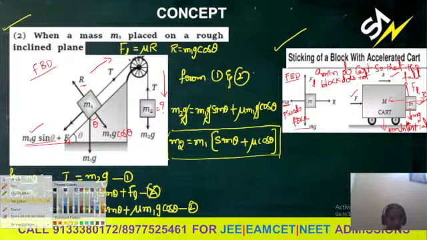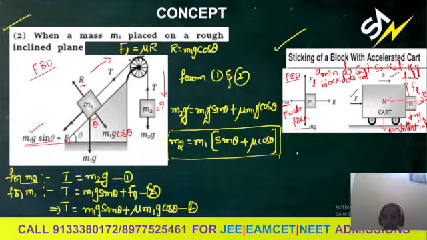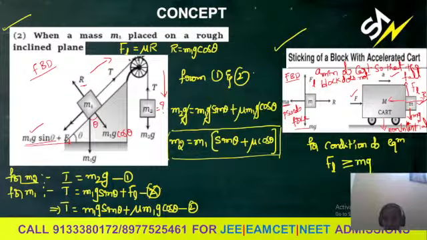Students, what can you think here? We must take the condition of equilibrium of the block. If the sum of forces acting on the block equals 0, it will be at rest. So for the condition of equilibrium, whatever maximum limiting friction develops should be greater than or equal to the weight of the block.